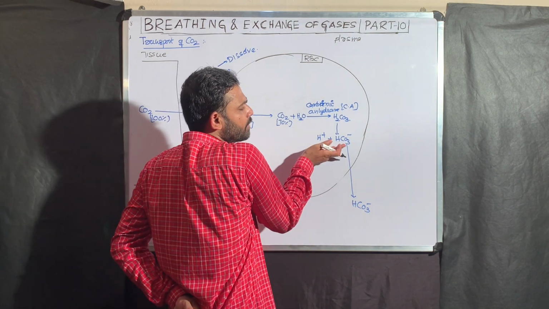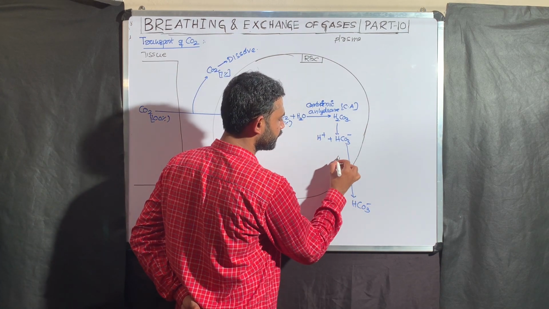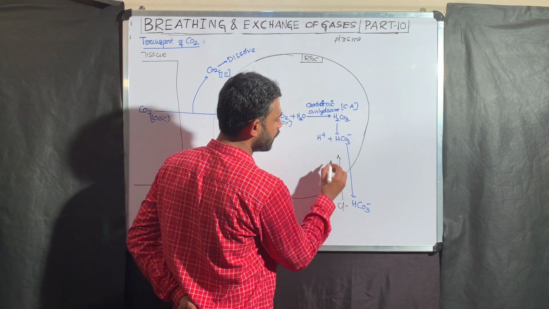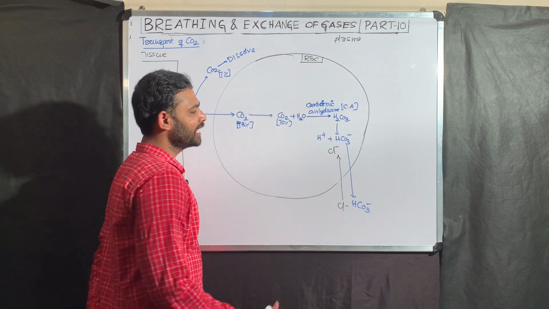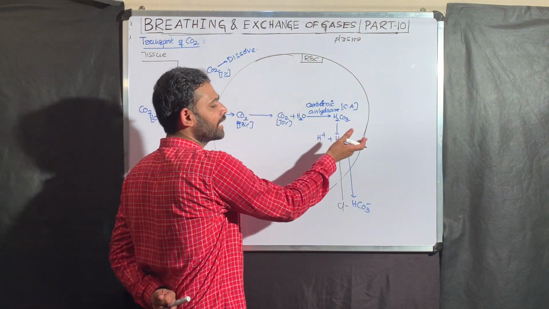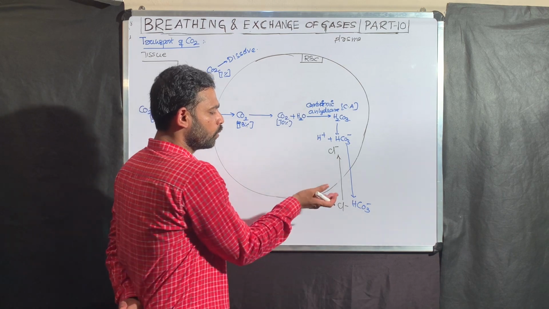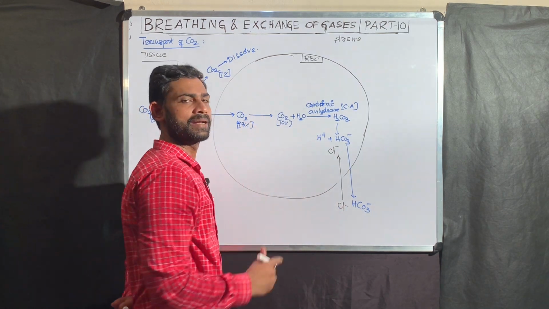When one bicarbonate ion enters into the plasma, simultaneously from the plasma, one chloride ion enters into the RBC. Then it makes the ionic balance. One anion is coming out, and one negatively charged anion is entering into the RBC.